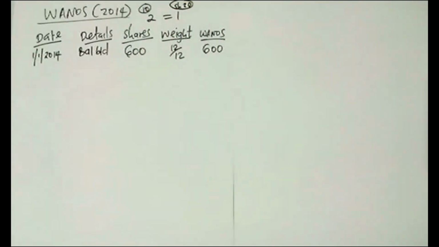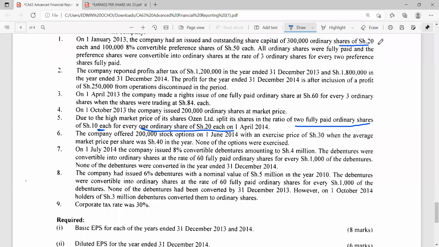Remember that from 2013, our shares were trading at what value? Shillings 20. So they are considering this price to be high. That is what they are saying, due to high market price per share.